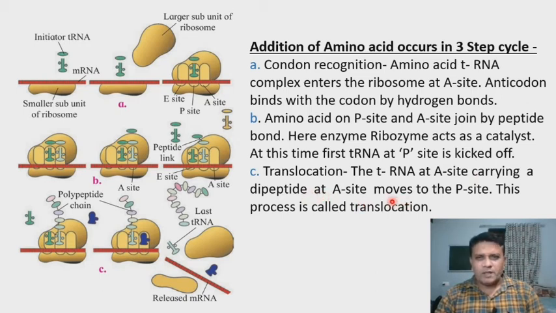We have seen that here it becomes a dipeptide. So this tRNA at the A site has moved to the P site, and due to this the two ribosomal units also move along 5' to 3' end. This process is called translocation.